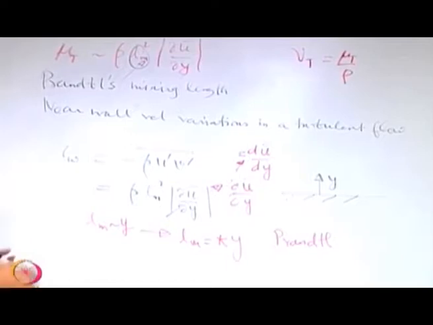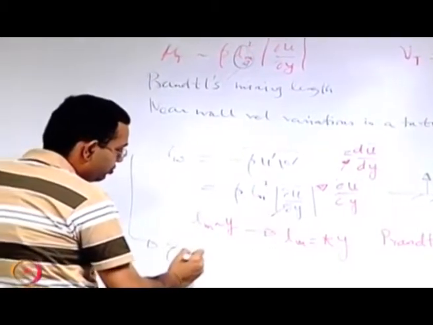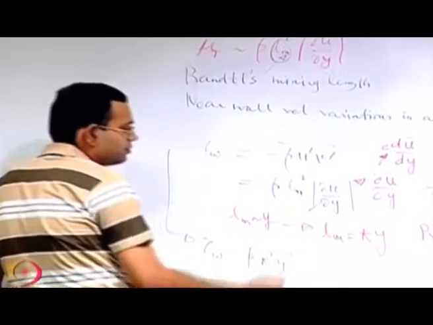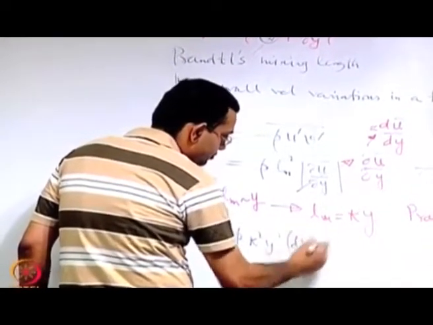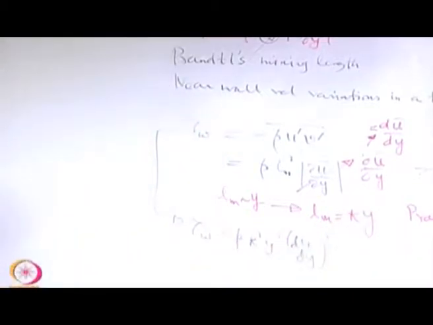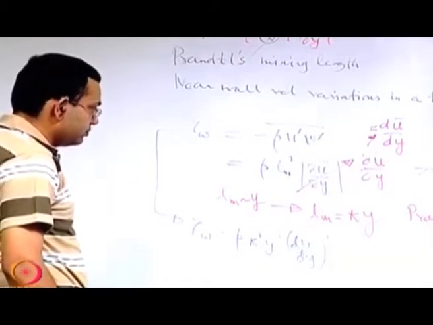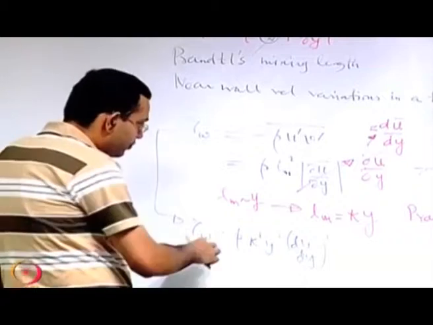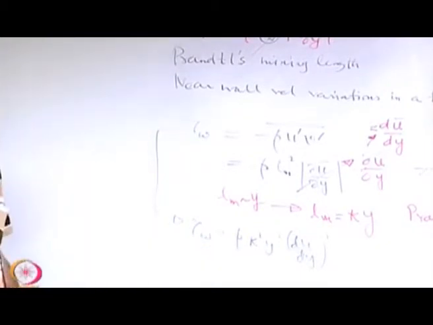Now with this, if you try to simplify the equation further, so tau wall is equal to rho into k square y square (du/dy) square. Now if you divide tau wall by rho, you should keep in mind that that will give you u tau square.